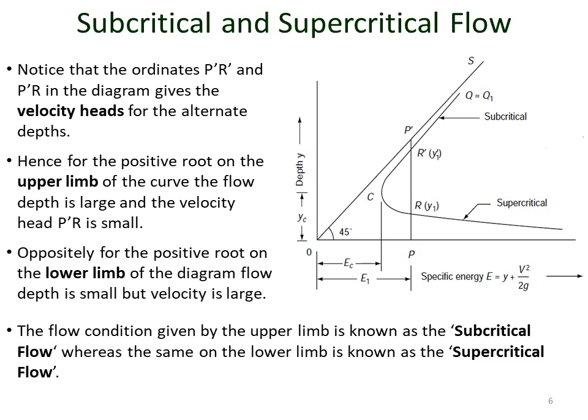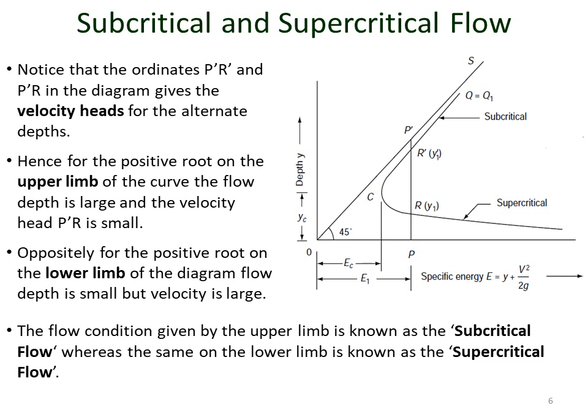So for the positive root on the upper limb of the curve, the flow depth is large, given by PR prime, and the flow velocity is given by P prime R prime.